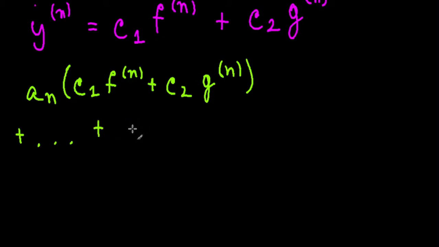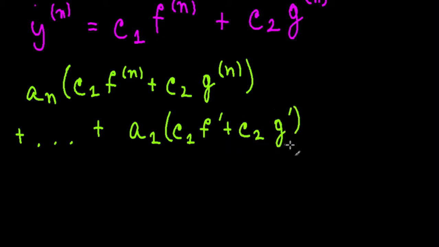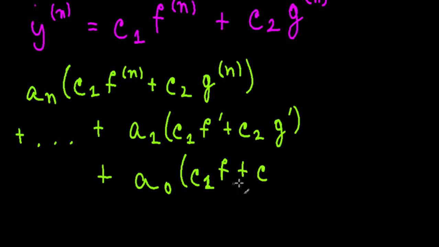I'll write a few terms. For the first derivative, it's going to look something like this, c2, not f. And the zeroth derivative is going to be c1 f plus c2 g.